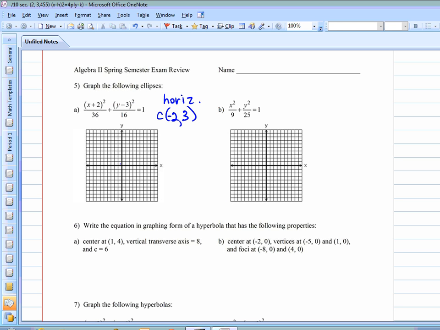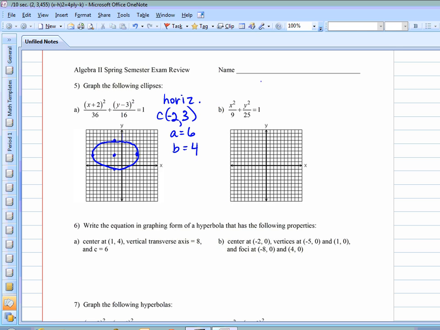So our center is at (-2, 3). And the a, because the bigger denominator is a squared, is 6, and b will be 4. So that means I'm going to go horizontally the a amount, both ways, and go vertically the b amount, and then I can graph my ellipse.